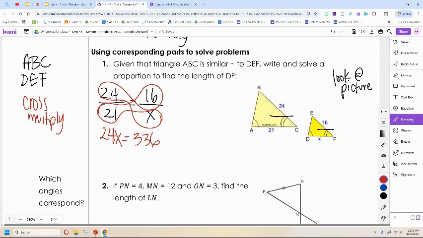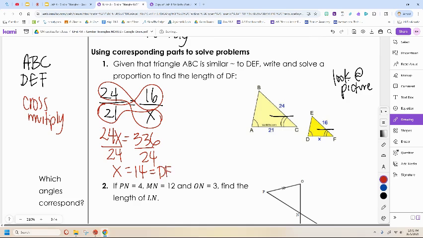Anybody else? Friends, go grab calculators if you don't have them. You need calculators for this unit. Great. And then I'm going to do what? Divide by 24. What do we get? Yep, 14. And 14 is the length of DF.